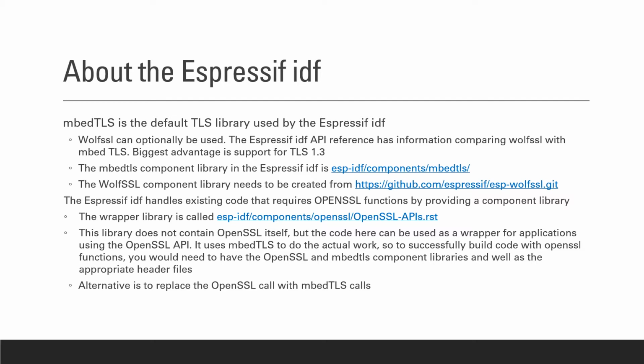So theoretically, any code that has OpenSSL functions, you should be able to run with this wrapper and the underlying mbedTLS code to do it. You could always replace the OpenSSL calls directly with mbedTLS, but that has the problem that if the person whose code you're porting changes their code, you're now stuck with a fair amount of work to upgrade.